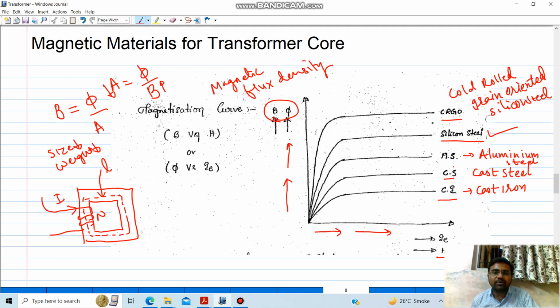Later on, from the cost perspective, people may also use aluminum steel, then cast steel, cast iron, but among all the given materials, CRGO is on the topmost, while silicon steel is second in rank.